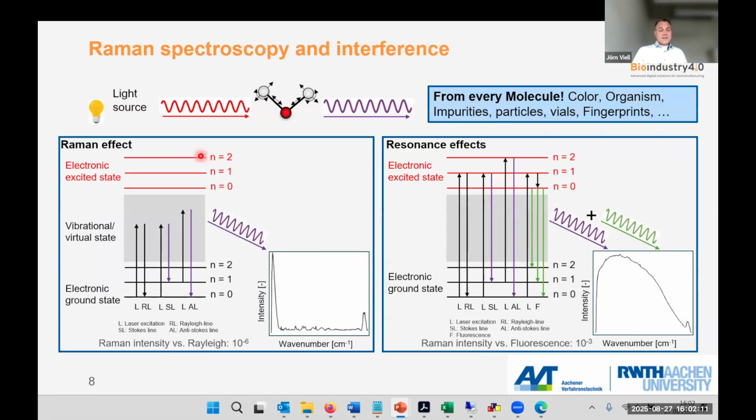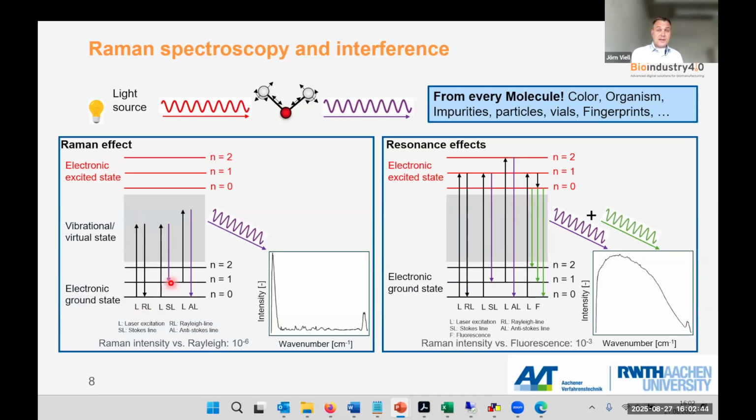The physical theory is that you basically elevate the molecules to a vibrational virtual state, and most of the light is scattered elastically, like the Rayleigh scattering, but a very small amount also brings movement to the nucleus of the atom, and that is related to mass and energy transfer.